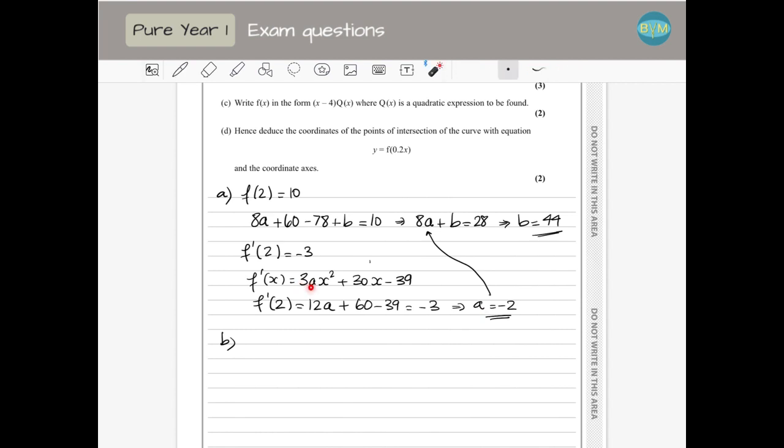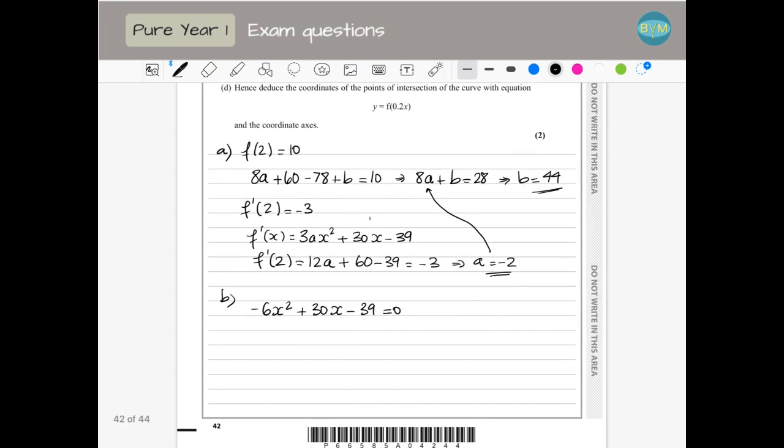So 3a is going to be minus 6. So I have minus 6x squared plus 30x minus 39. I have to solve this equation. I can divide by minus 3, for example, to have something nicer. So 2x squared minus 10x plus 13.